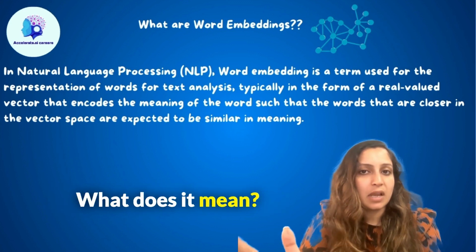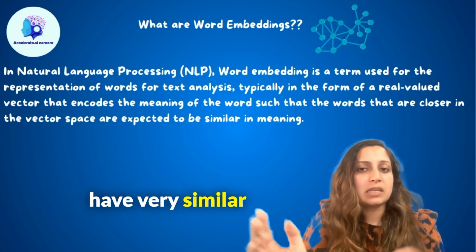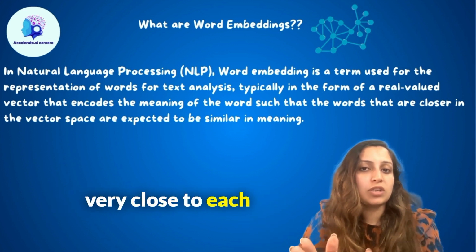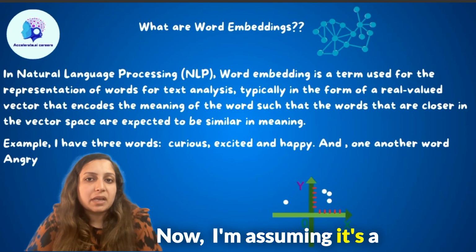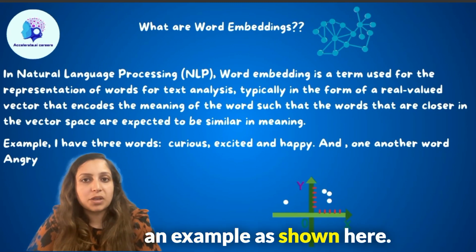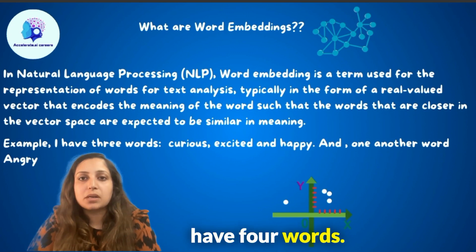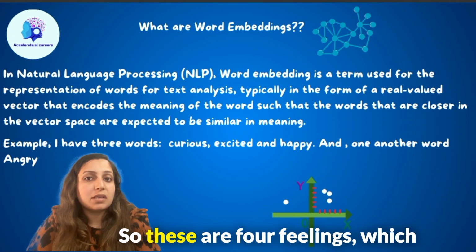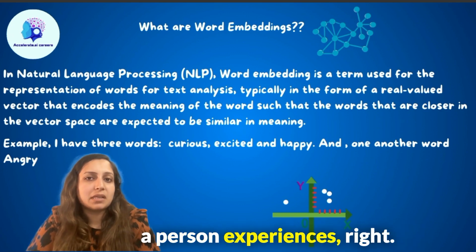What does it mean? Suppose two words have very similar meanings, for example, hot and warm. Then they would be very close to each other in vector space. Assuming it's a two-dimensional space, I can explain it with an example as shown here. We have four words: curious, happy, excited, and angry. These are four feelings which a person experiences, right?